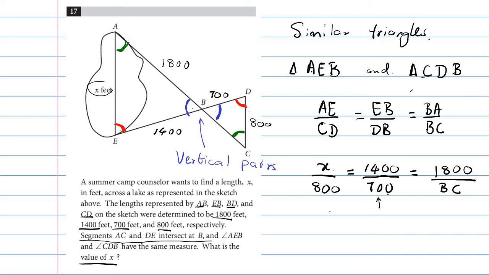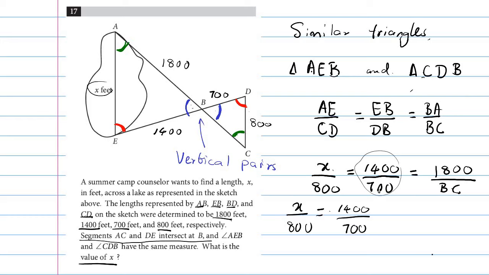But in this proportion over here, BC is mysterious. We don't know what BC is, so we can just ignore it for the moment. We'll pick the proportion that contains x because that's what we need to figure out, and the completely known proportion, which is this.